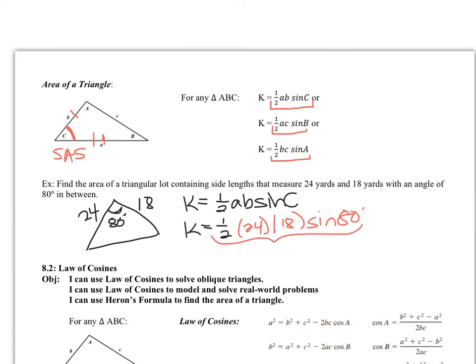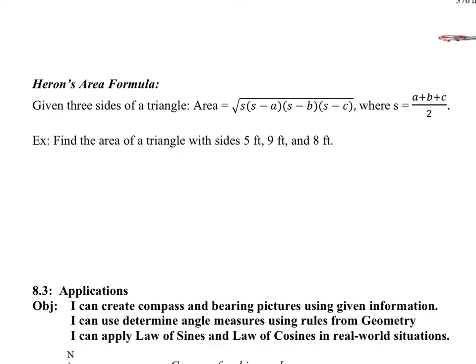Rounding to the nearest tenth, the area for this triangle is approximately 212.7, and our label for area is yards squared. If you're trying to find the area of an oblique triangle and you know two sides and an included angle, apply the formula that uses the sine function. Now go to the last part of the 8.2 notes and we'll look at a different scenario.